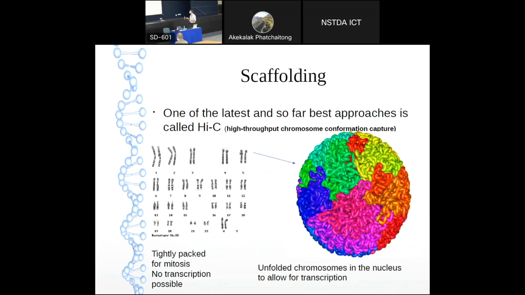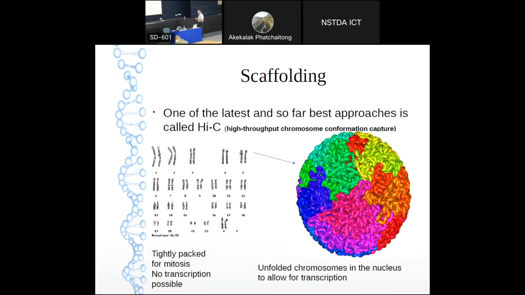This is the chromosomes tightly packed for mitosis, very tightly coiled around the centromeres. And in that state, transcription is not possible because none of the proteins in the cellular machinery can access any of the genes.